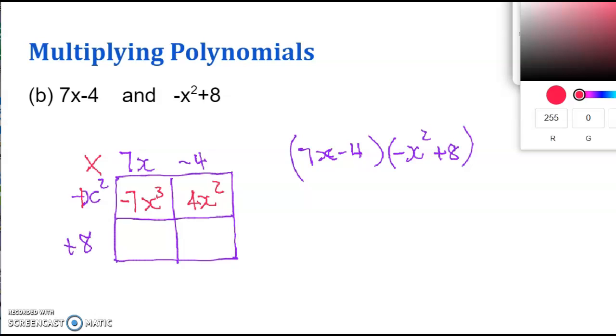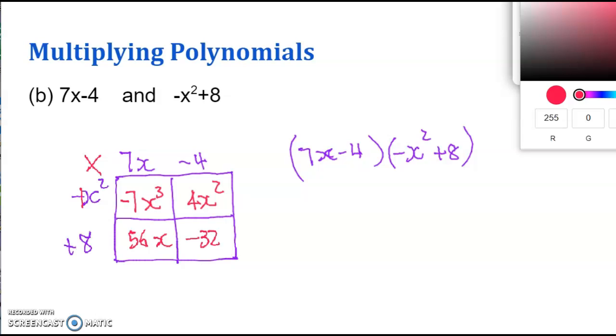This time 7x times 8: 7 times 8 is 56, and we multiply by x. Then negative 4 times 8 is 32, and negative times positive is negative. Now, do we have any like terms?